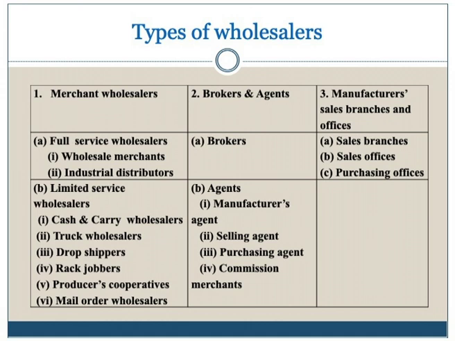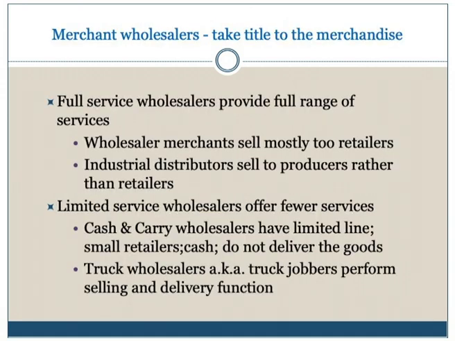Limited service wholesalers are divided into cash and carry wholesalers, truck wholesalers, drop shippers, rack jobbers, producers cooperatives and mail order wholesalers. Agents are of four types, and manufacturer sales offices and branches consist of sales branches, sales offices and purchasing offices. Now let us look at each one of these.